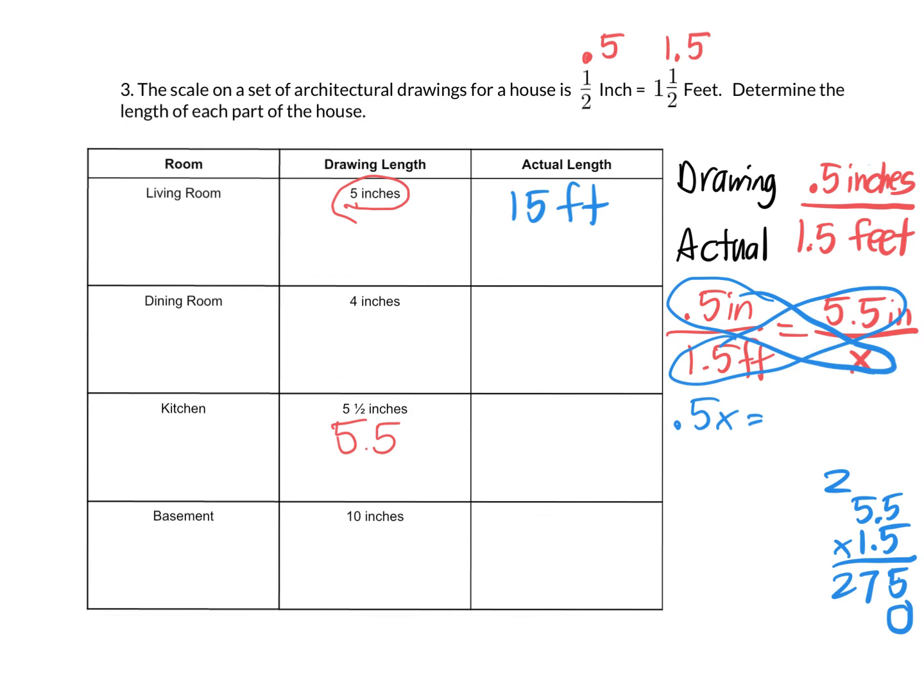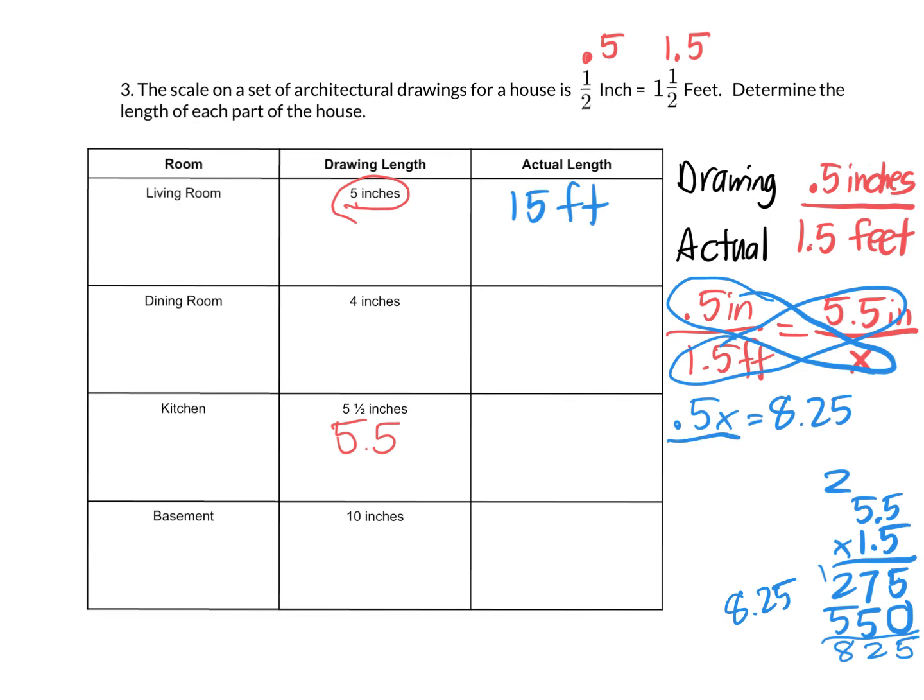We're going to go to the 1. So 5 times 1 is 5. And 5 times 1 is 5. And then we are going to add, and we're going to get 5, 12, carry the 1, 8, and there's 2 decimal places, so this is going to be 8.25.